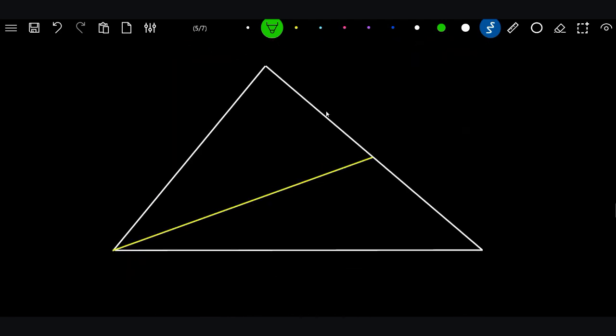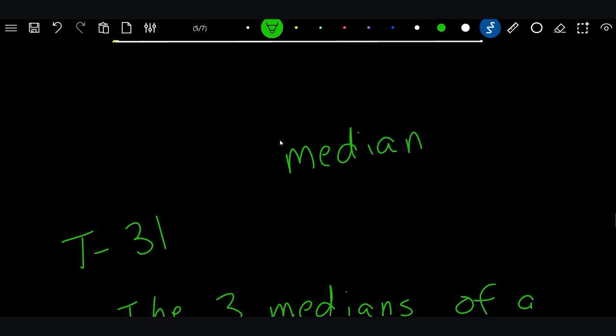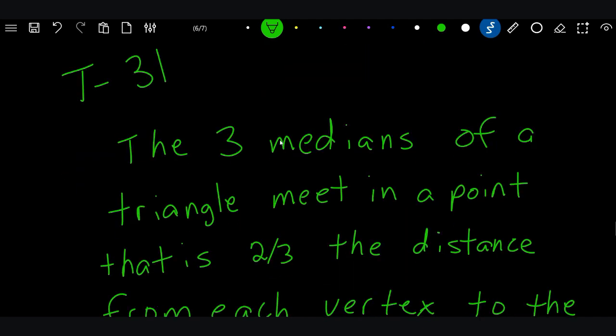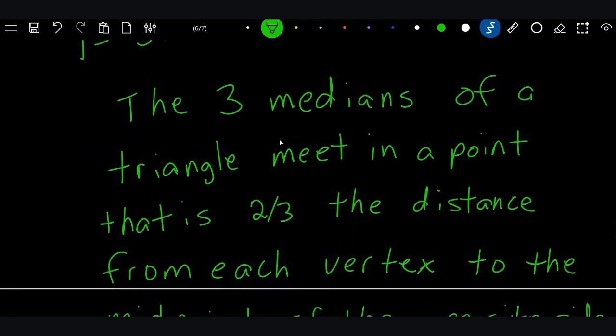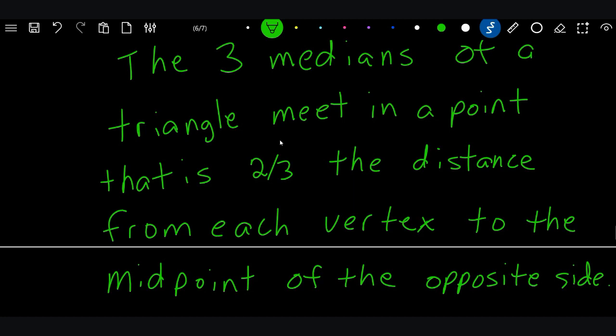All right, the last one that I want to show you is on the bottom of page 111. The bottom of page 111 is Theorem 31, and Theorem 31 says, I've got it written down right here, the three medians of a triangle meet in a point that is 2/3 the distance from each vertex to the midpoint of the opposite side. Well, that's a lot of words. What does that mean?